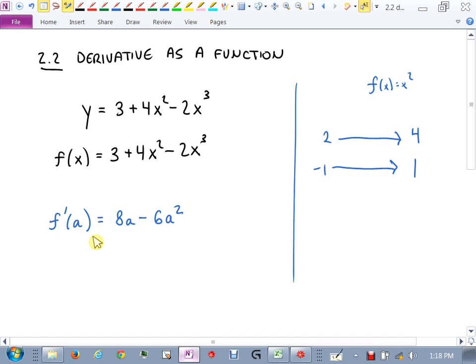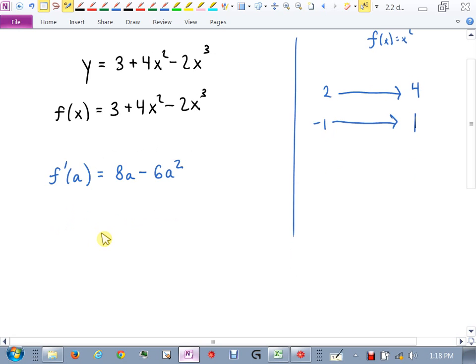So if it does return a new function, then couldn't I rewrite that new function right here? I could have just replaced the a with x. Isn't the a there a dummy variable? Writing it this way and this way are the same exact thing. If I say plug 2 into this function, you're going to get the same thing as if you plug 2 into that function.